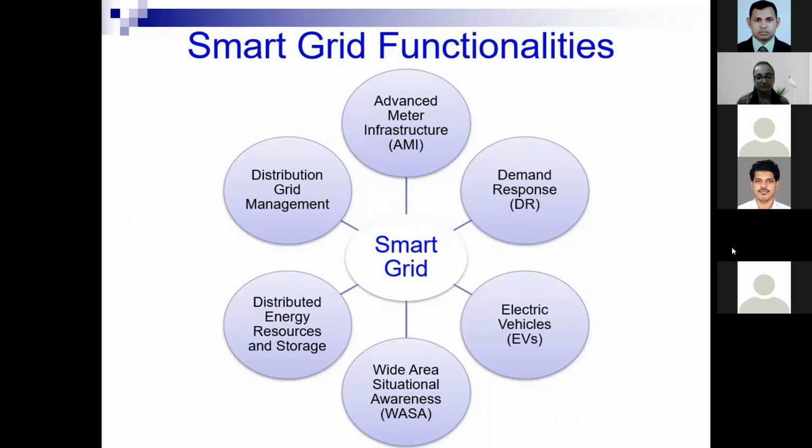Another functionality of the smart grid is better and more uniform integration of distributed energy resources and storage. The next one is electric vehicles, one of the main concepts of smart grid functionalities.